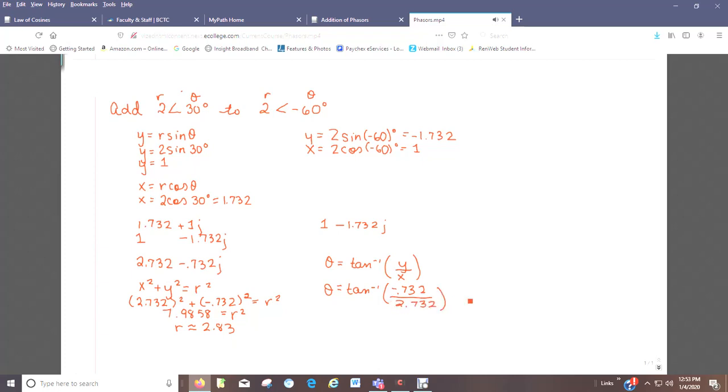And if we put that into our calculator, that gives us approximately negative 15 degrees. So if we write it in our new notation in polar form, it is 2.83 angle negative 15 degrees.